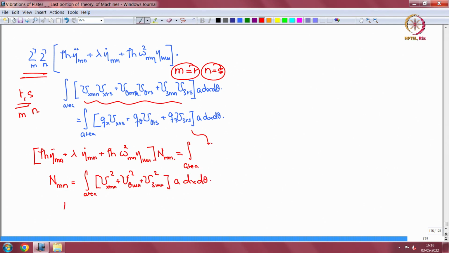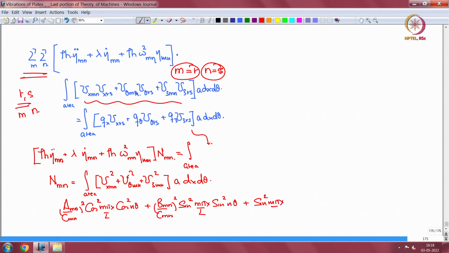How does it look like? It can look like a mn by c mn squared cos squared m pi x by l cos squared n theta plus b mn by c mn squared sine squared m pi x by l sine squared n theta plus sine squared m pi x by l cos squared n theta.